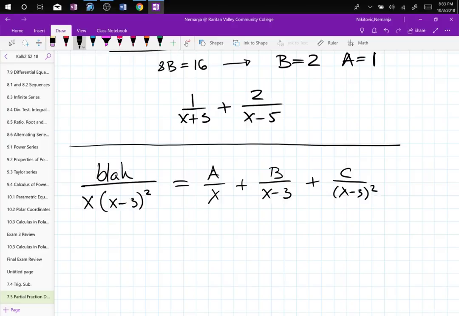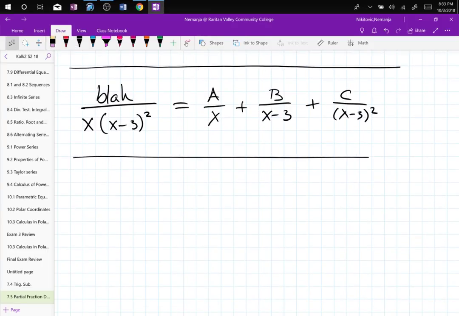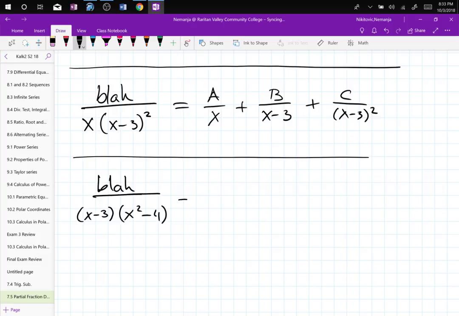Let's take a look at other things. Sometimes stuff is hidden, right? Let's say we have to set up blah over x minus 3, x squared minus 4. What do we have there?